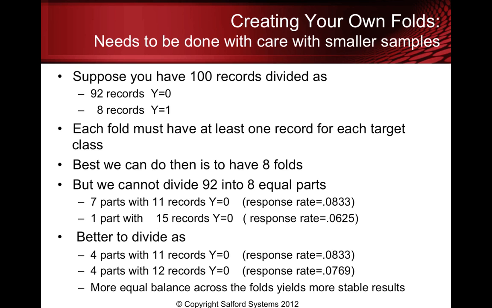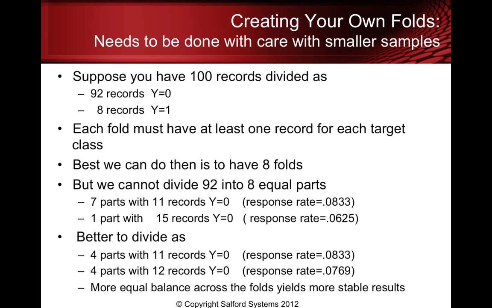It is better to divide the data in order to get each of the bins as similar to all the others in the response rate. If we divide with 4 of the partitions with 11 zeros and 4 of the partitions with 12 zeros, things are going to be more similar to each other across the bins, which is going to give us less variation due to the construction of the bins.